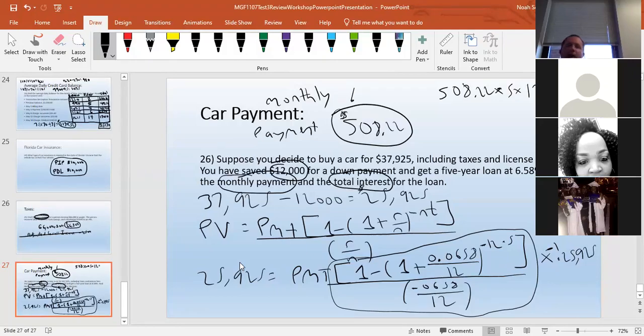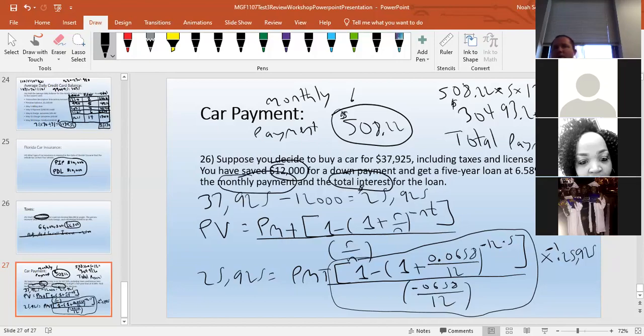So you multiply by 5 and multiply by 12, and then the monthly payment there, which is 508.22, and we'll see what we get when we multiply that out, because that's the total of all the payments that the person made. And I got $30,493.20 to be the total payments.